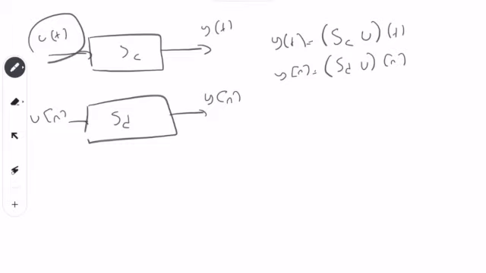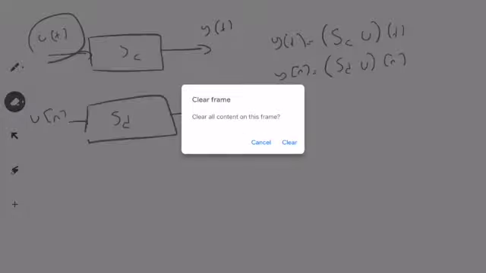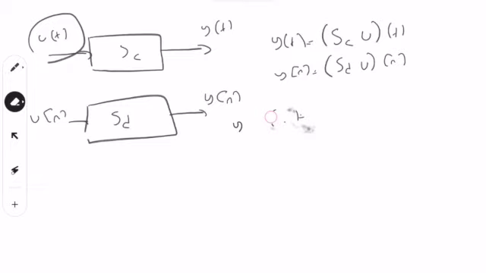Instead of this, if I write f of u of t, this is different. This is a function where the output depends on u at this specific t. So this can be a system, but this is a specific system that we will cover later.